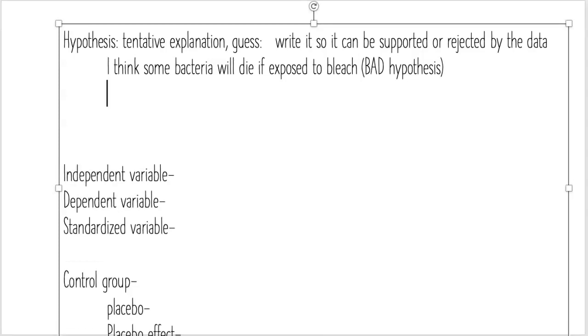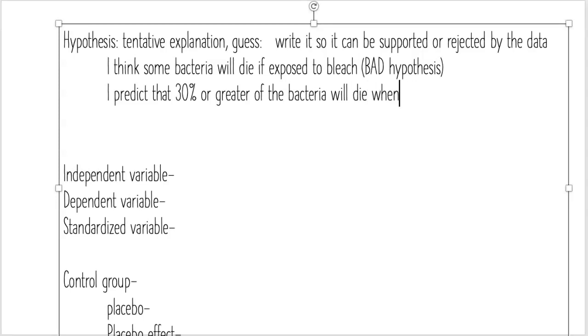So a better hypothesis is giving exact numbers. I predict that 30% or greater of the bacteria will die when exposed to bleach. Now I have a number. Now I have a tangible number that I can measure to.